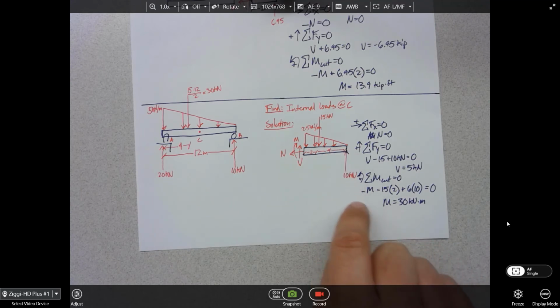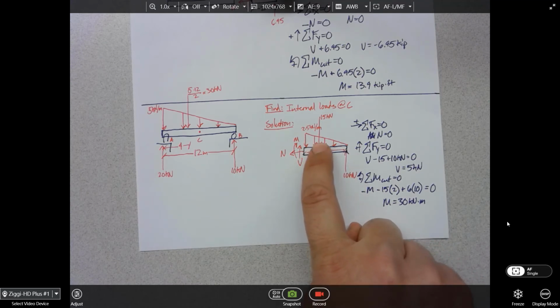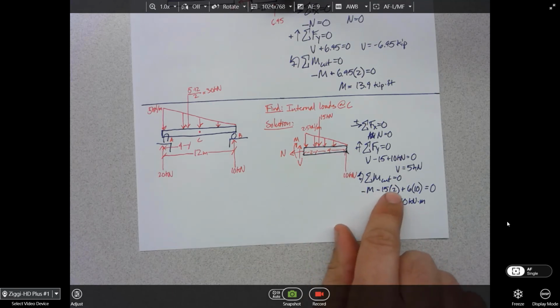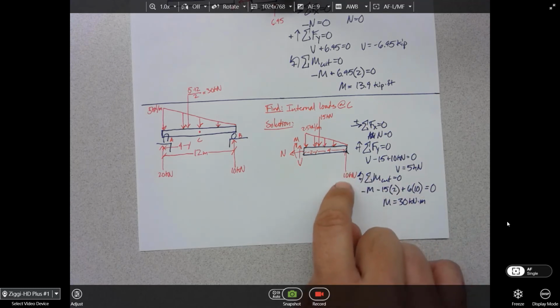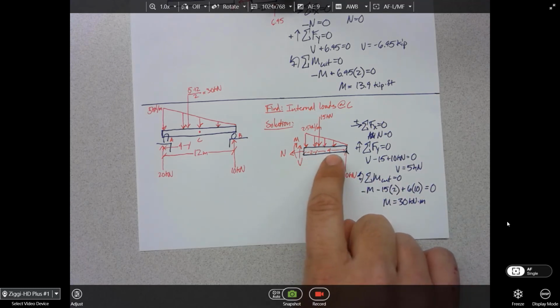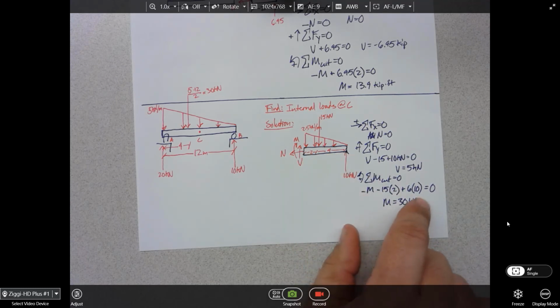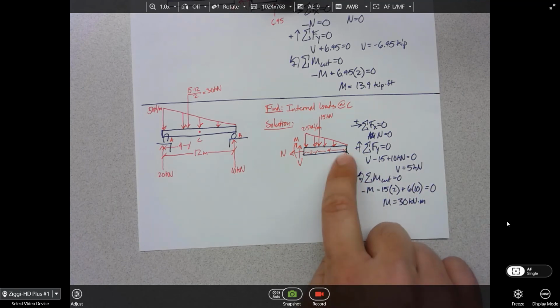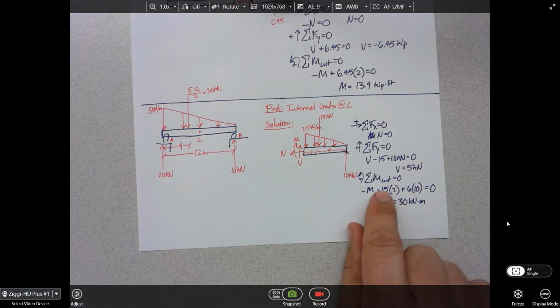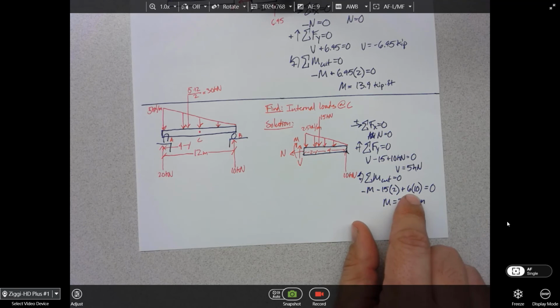And 2 is 1/3 from the fat end, 2/3 from the skinny end. So 15 times 2 plus 6 times 10, because I have 2 and 4 is 6. 6 times 10 is the moment of the B_y reaction. So I get negative 30 plus 60, a positive 30. Take M to the other side, and I end up with M equals 30 kilonewton meters. All right?